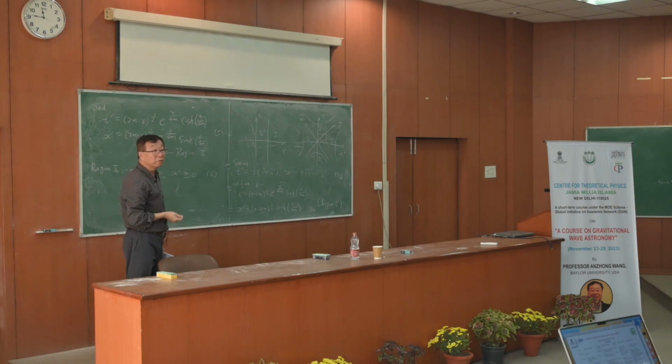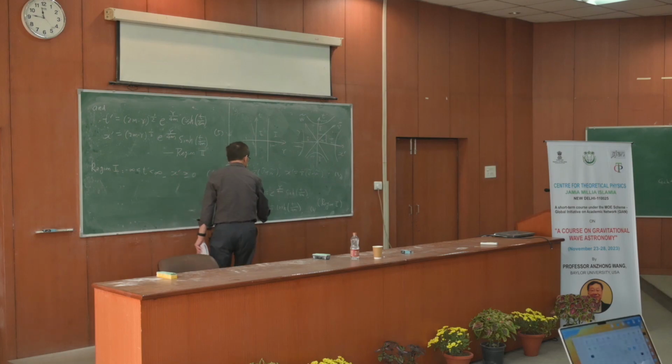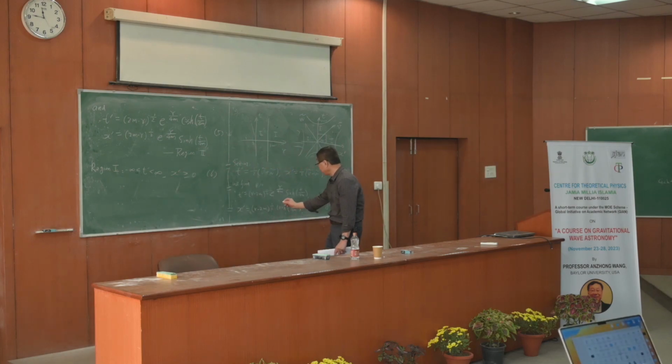But this is not enough. Why? Because you see here, I forgot one factor. This will be E to the r over 4m here, right? You see, for this factor, this is a square, minus t squared. Then cosine squared minus sine squared equals 1, right?